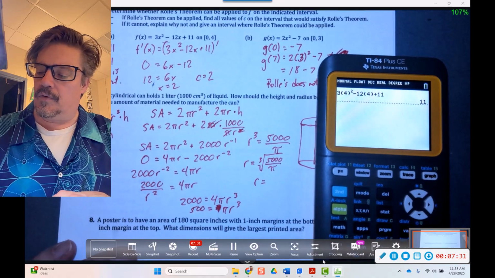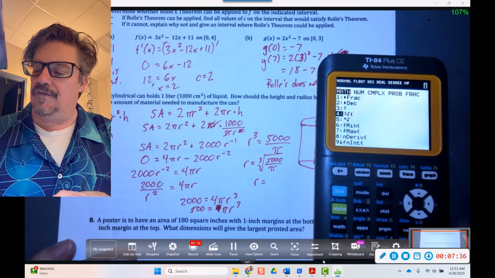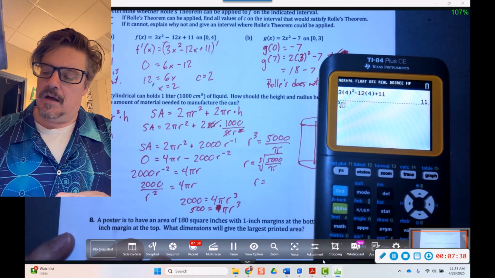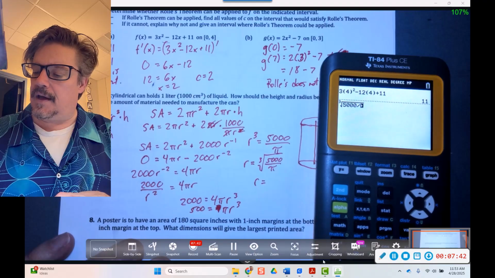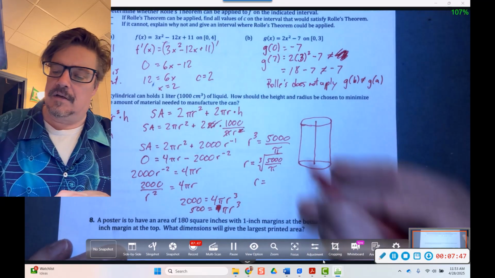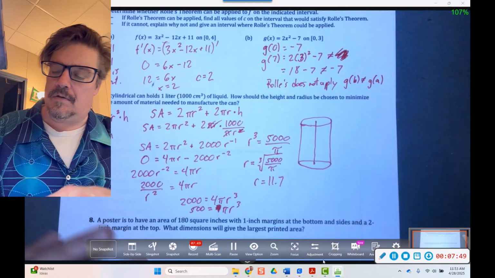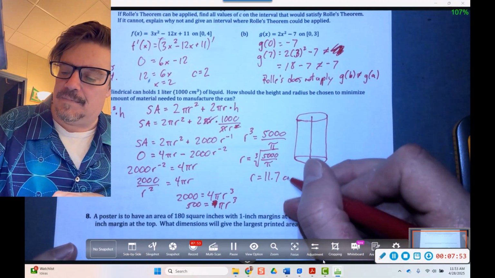The cube root is in the math menu, you've got to go down to 4. Cube root of 500 divided by pi. It's 11.7. So that's going to be 11.7 centimeters.